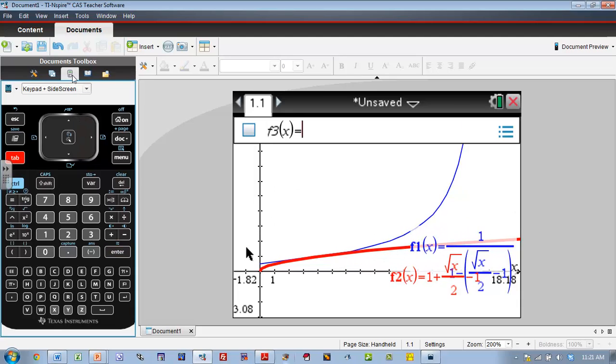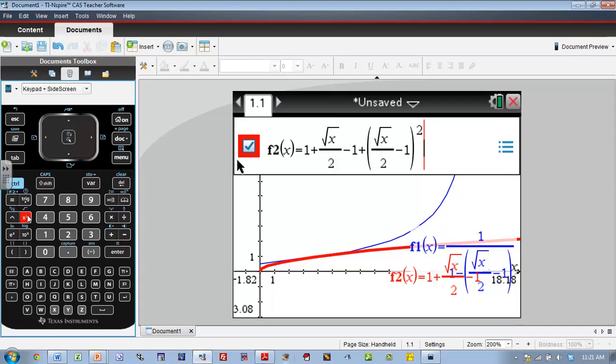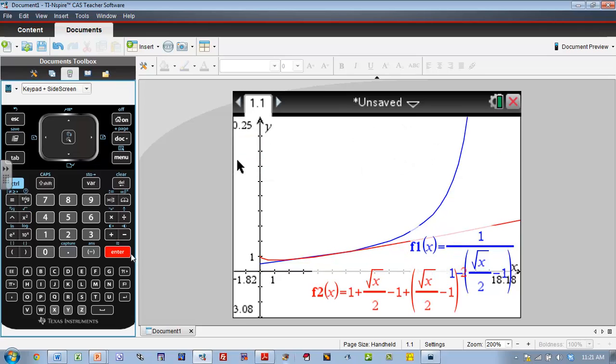Let's go back and add another term, and I'm going to cheat a little bit. I'm going to copy that and then say plus this quantity squared, and let's see if we get convergence for a little bit longer. Not so much.